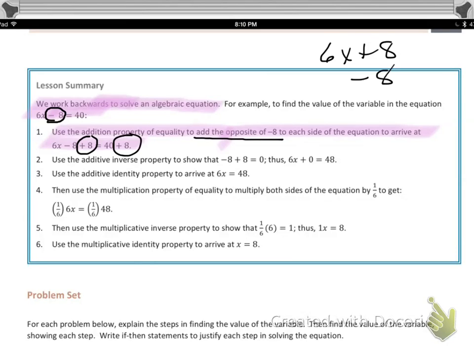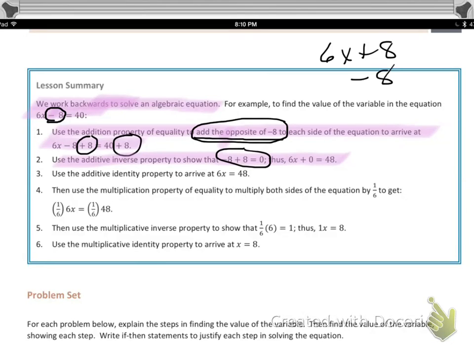So always remember that it's not about subtracting a number away. It's just about adding the opposite. Very, very important. Adding the opposite. So then we would go ahead and do that. Now that's to use the additive inverse property to show that this negative 8 plus 8 equals 0, and that's what's really important.